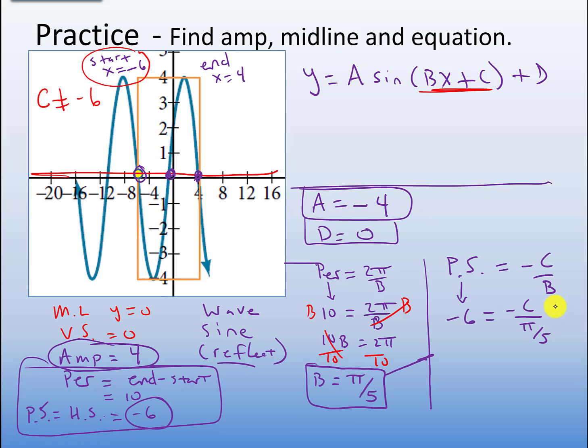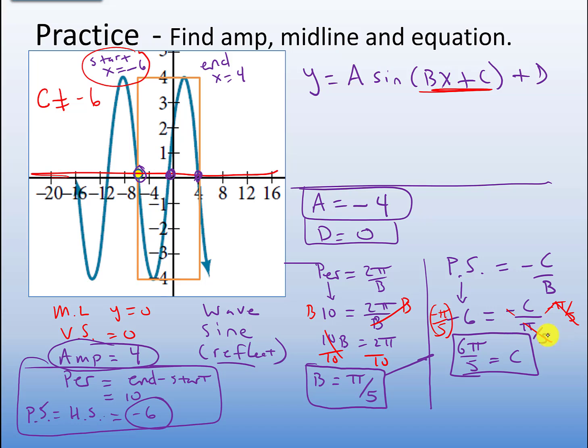Well, I'm going to multiply by -pi over 5 on both sides. The negatives cancel, the pi fifths cancel, and I'm going to get positive 6 pi over 5 equals my C number.